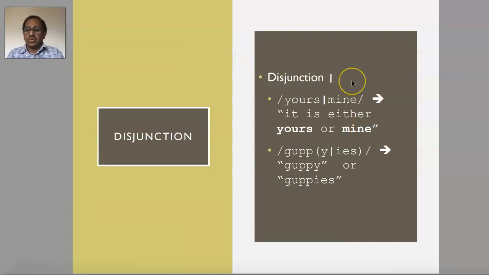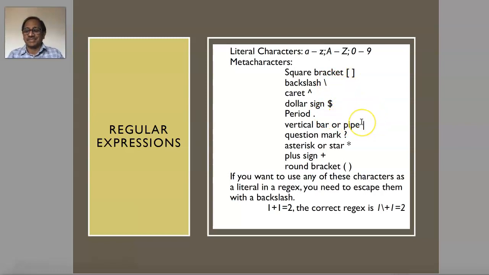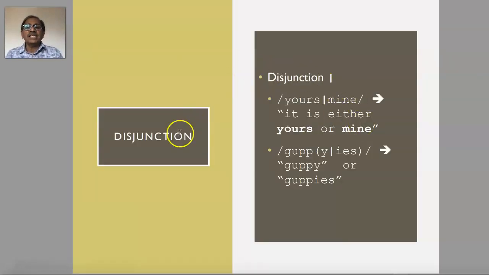Now coming to the meta character pipe, we have already seen disjunction earlier. Disjunction, we put it in square brackets. When you put something in square brackets, whatever is there in the square brackets, they are optional. So within square brackets, if you use AB, it means A or B. But we do not want optionality or disjunction between characters. We want disjunction between strings. How do you have that?